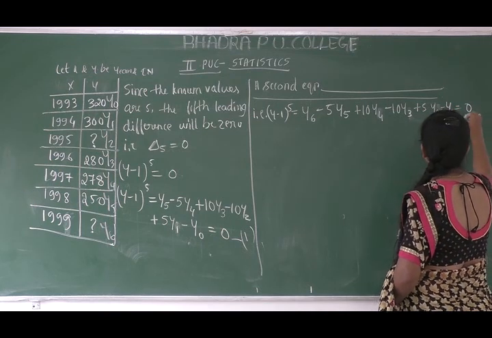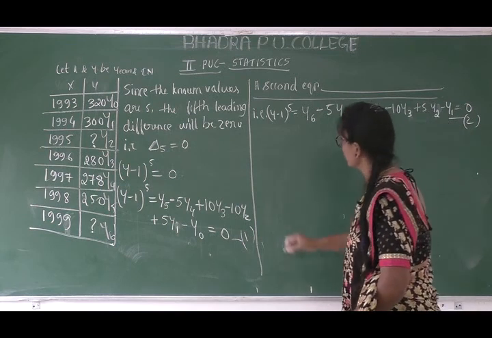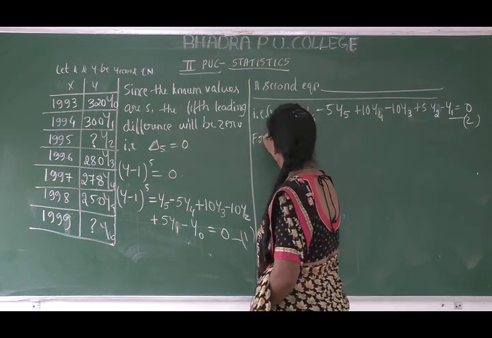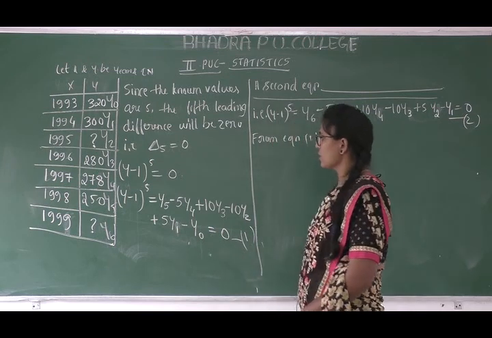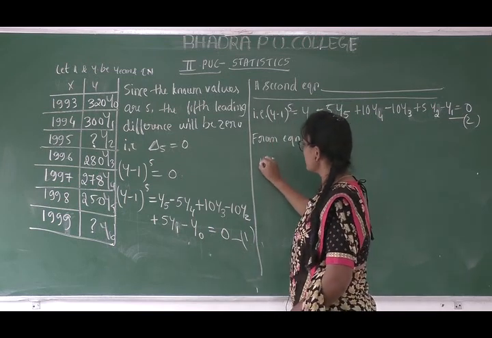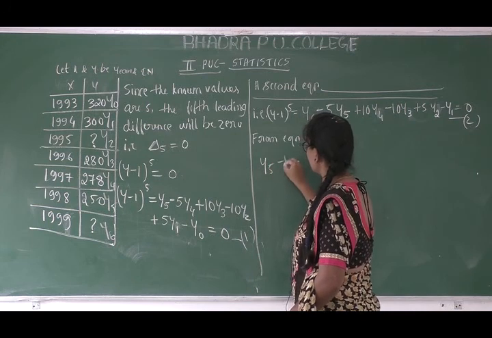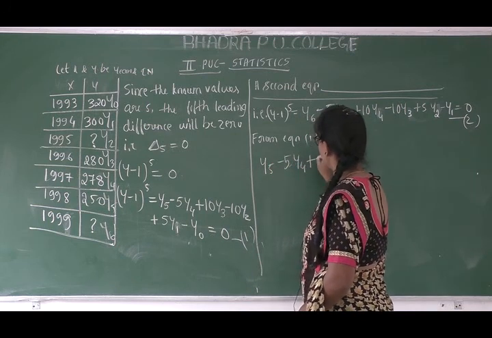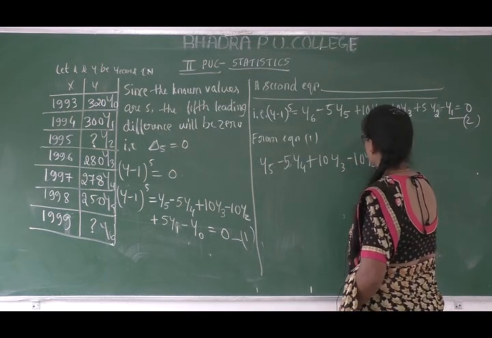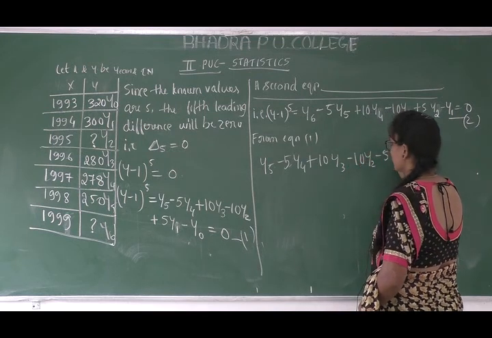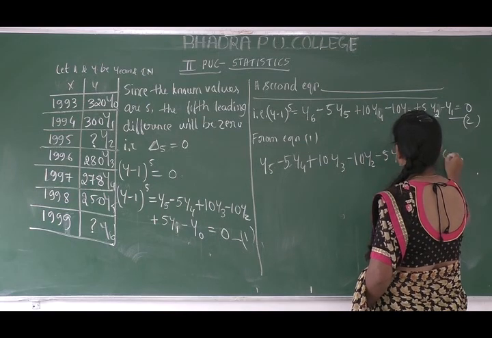Call it equation number 2. Next, from equation 1, solve equation 1. So equation 1 is y5 minus 5y4 plus 10y3 minus 10y2 plus 5y1 minus y0 is equal to 0.